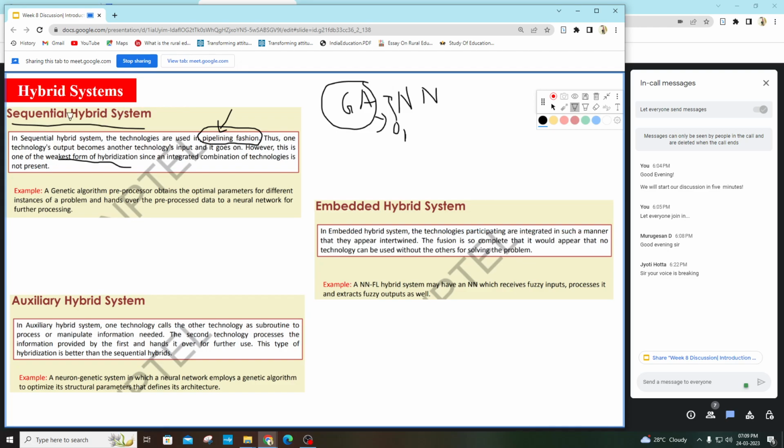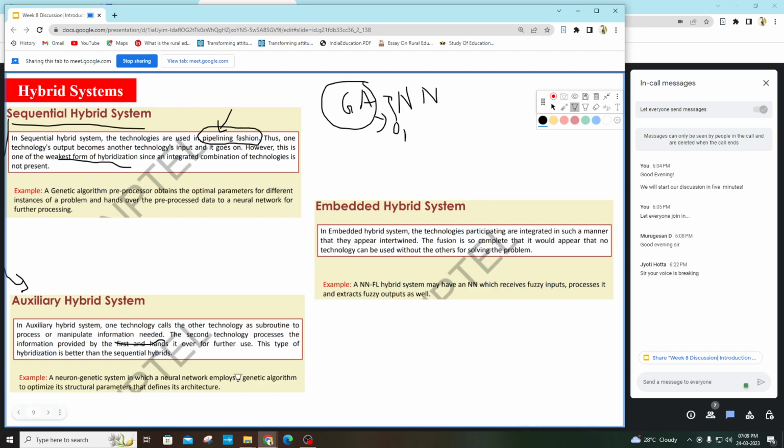The modification of the sequential hybrid system is the auxiliary hybrid system. In an auxiliary hybrid system, one technology calls the other technology as a subroutine to process or manipulate the information needed. For example, you can read about a neurogenetic system in which a neural network employs a genetic algorithm to optimize the structural parameters that define its architecture.